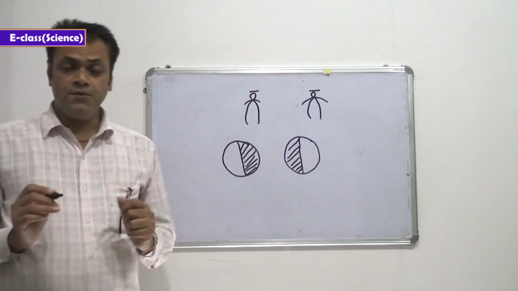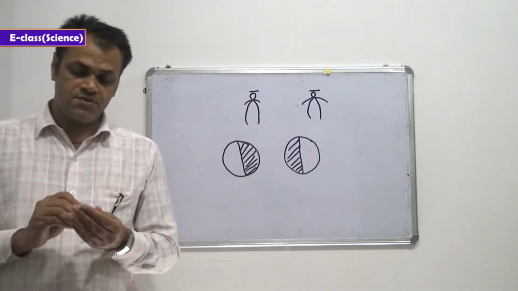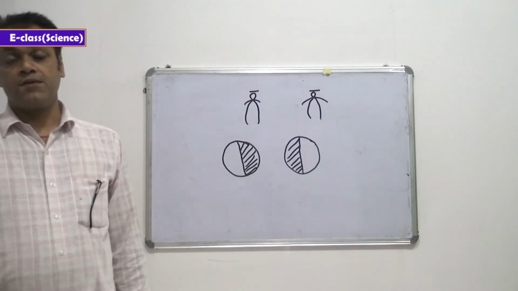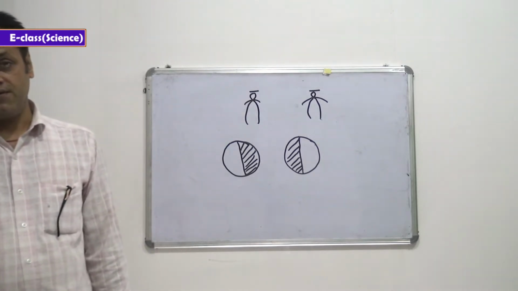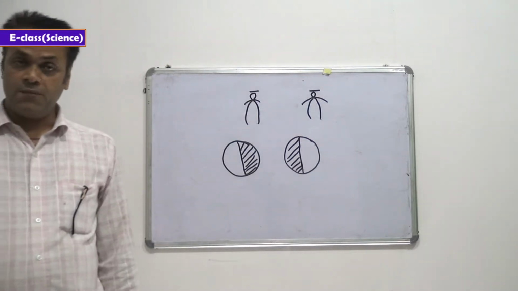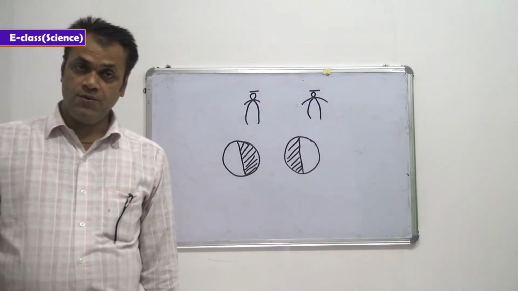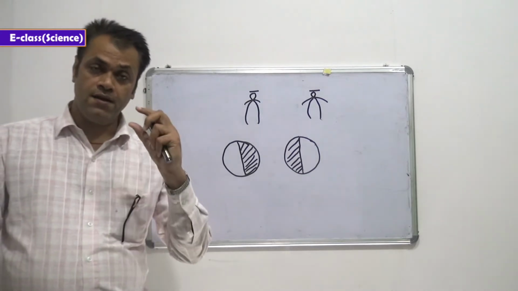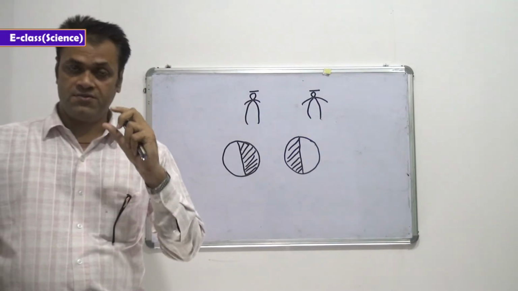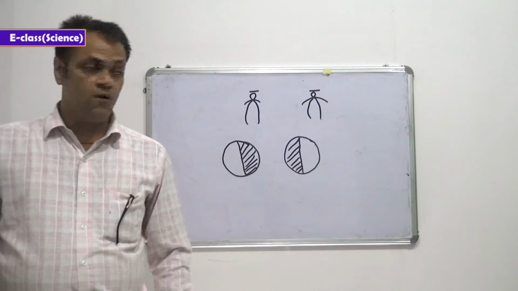And as we know, the earth is revolving around the sun in an elliptical path, so sometimes it goes closer to the sun and sometimes farther. So the length of the solar day varies according to the position of the earth.